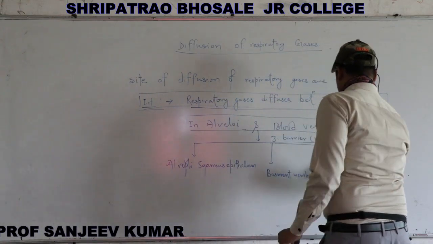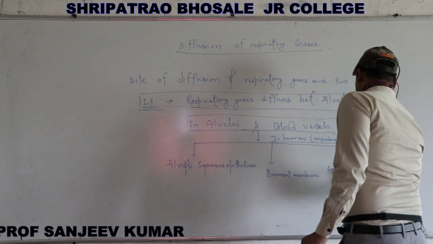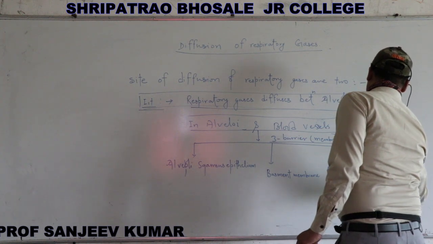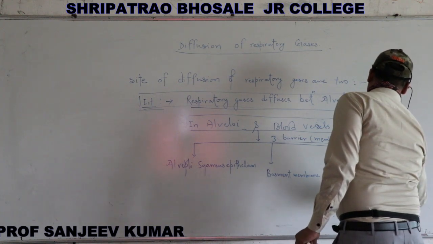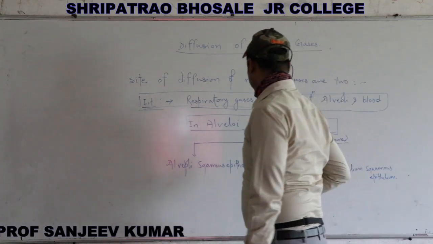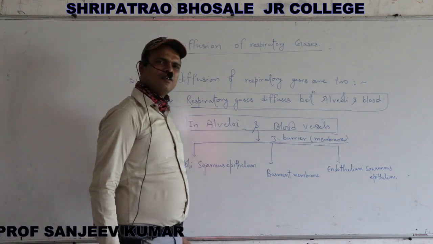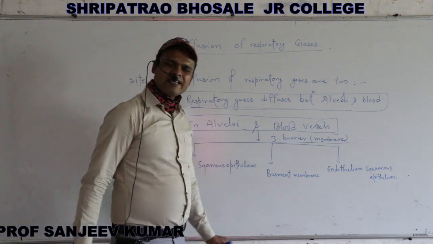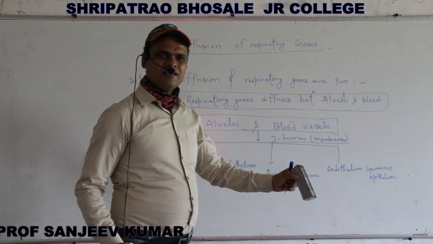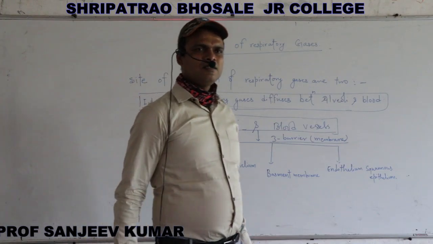And third is the endothelium, a squamous epithelium. So these three barriers actually create a resistance between alveolar air and blood.